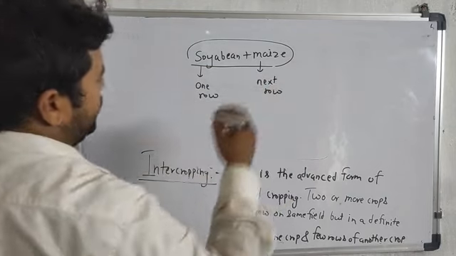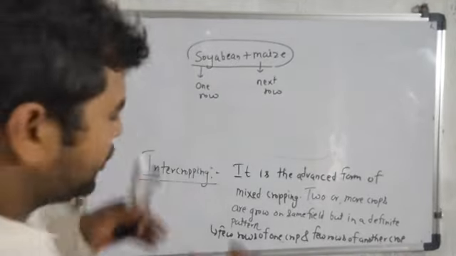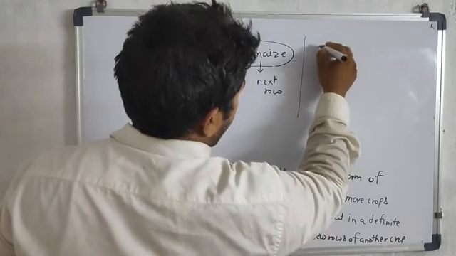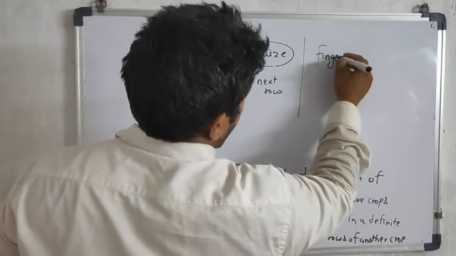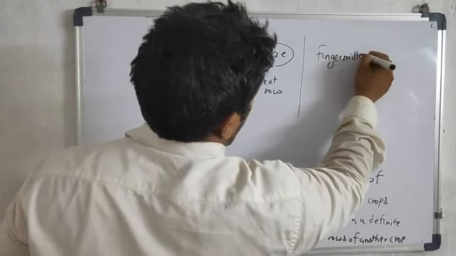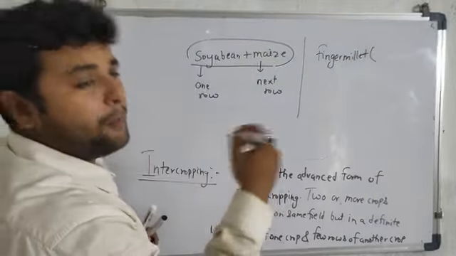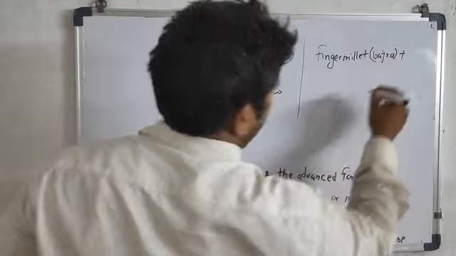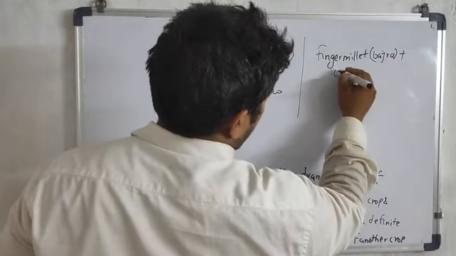Okay, so that is a type of intercropping. The second that we are going to discuss is finger millet, which is somehow known as bajra, plus cowpea.